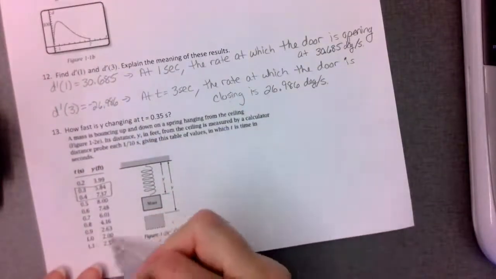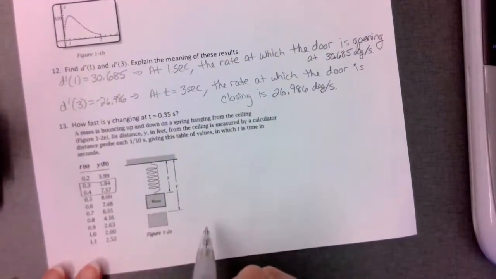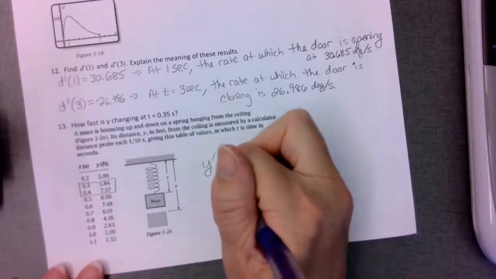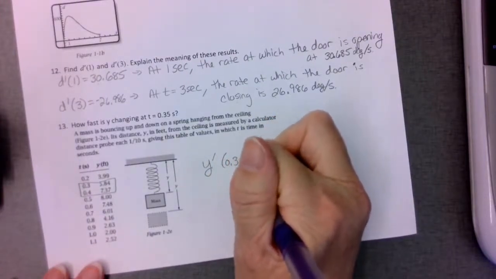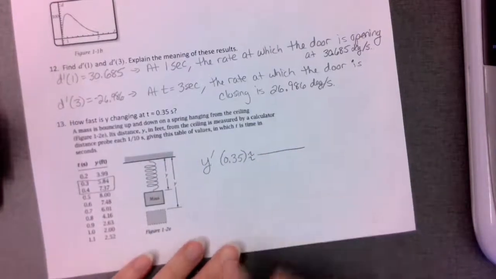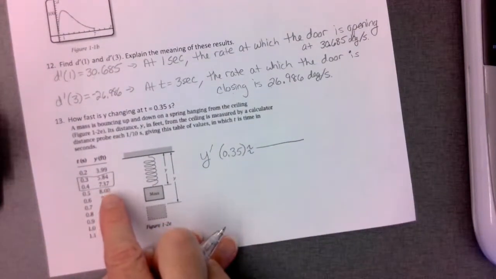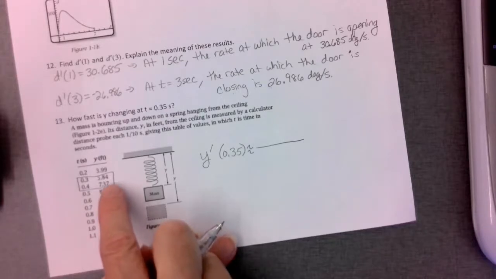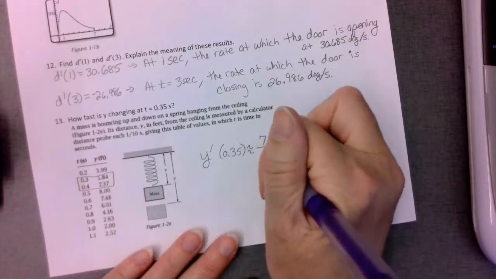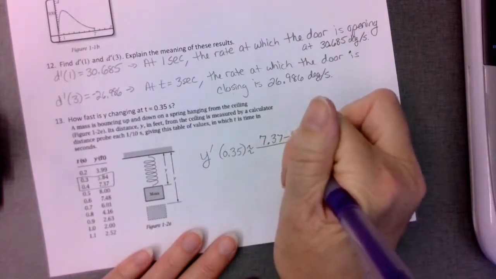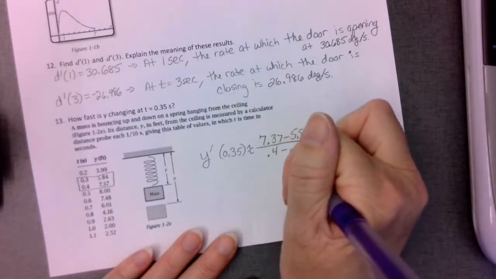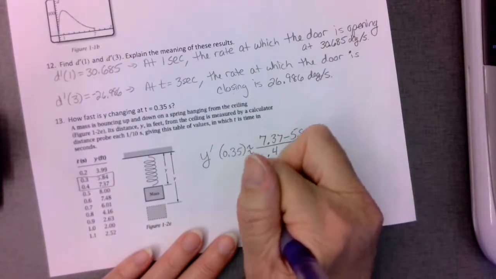I am not going to create a function for y. If you want to find how fast it is changing and you're given a table, then we do approximations. And the approximations are based off of finding slope or rate of change between the y concept and the t concept. So I'd go 7.37 minus 5.84 over 0.4 minus 0.3.